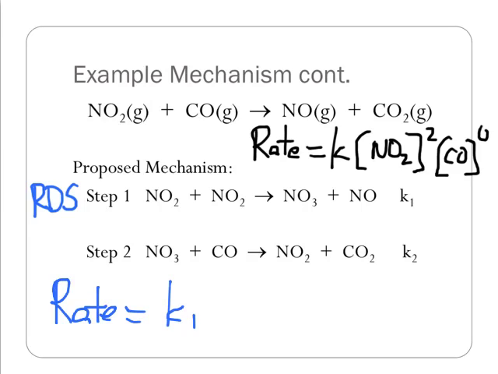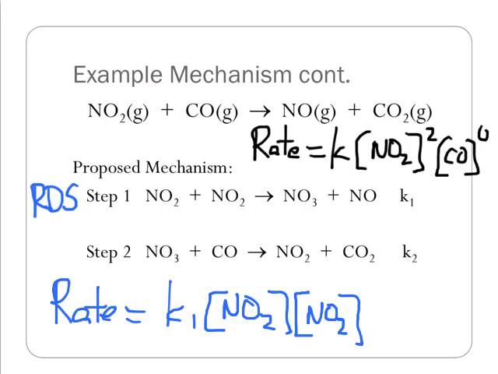What is the molecularity of the first step? Well, it's all based on NO2. There are two NO2s in this reaction. So I could basically write each NO2 twice. And then that could be equal to k1 times [NO2] squared.